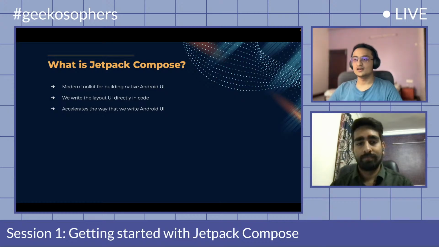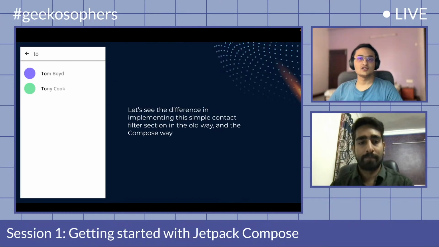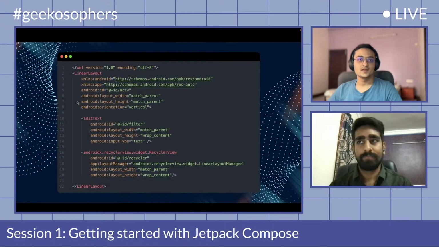So, let me demonstrate. This is a simple screen for having the contacts search. Let's say you have to search contacts. So let's see the implementation that we would do in the earlier way and then in the compose way. So earlier you had to first write the activity code.